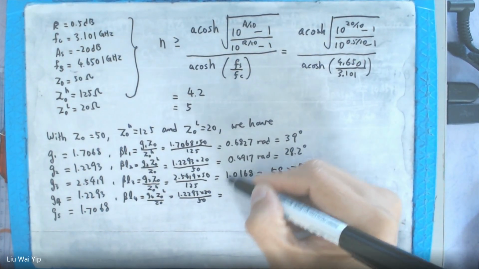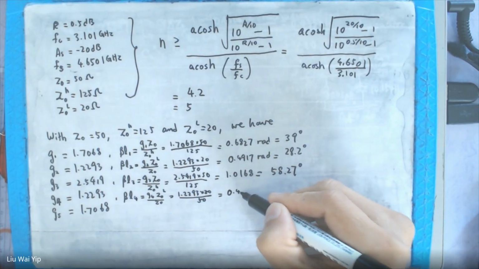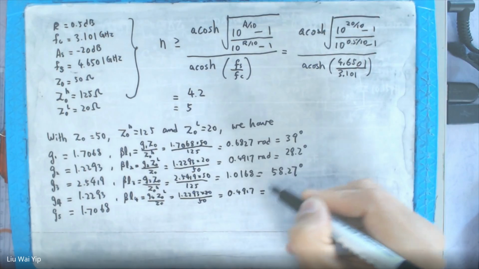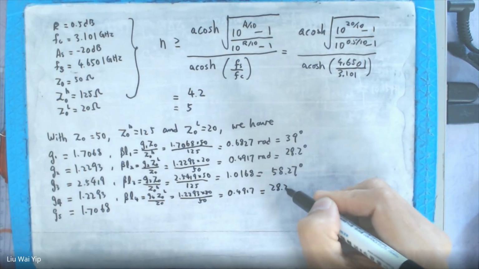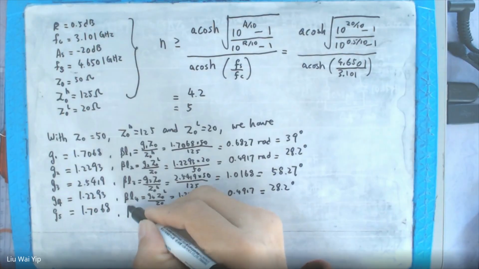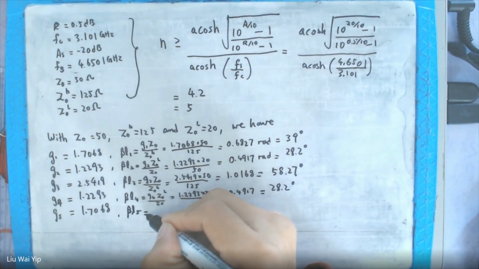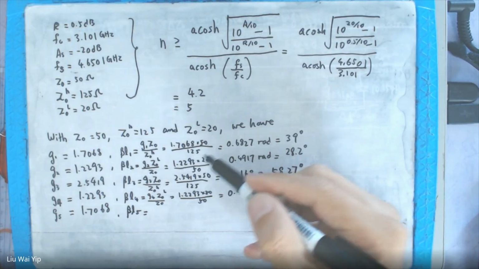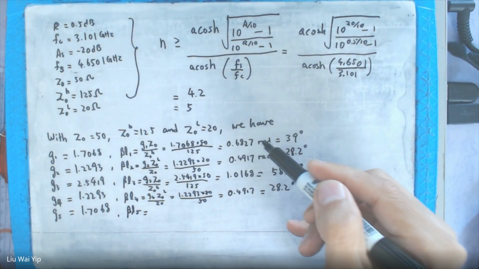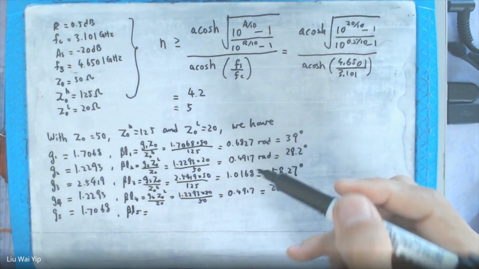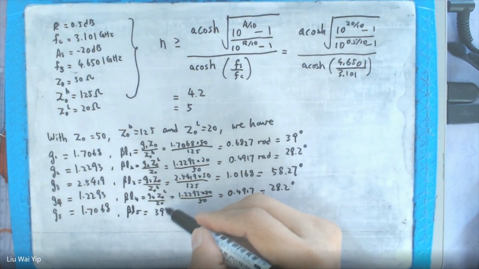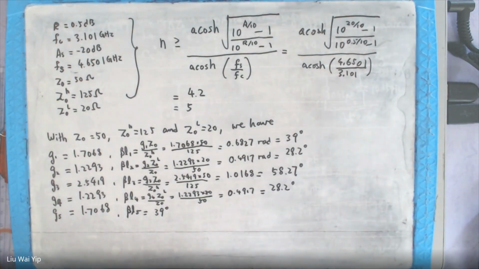It will be the same, 28 degrees. And similarly, beta L5 will be the same as the first one. It cannot be otherwise. I don't need to even calculate it.